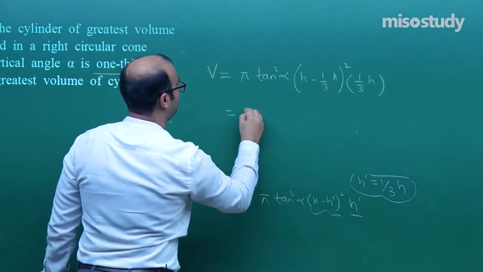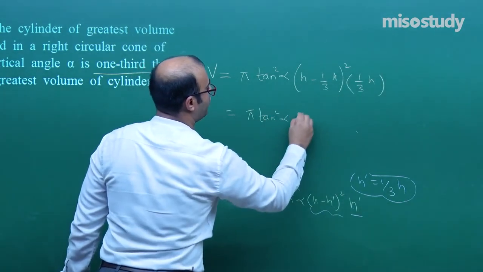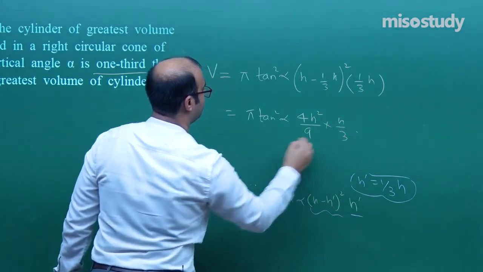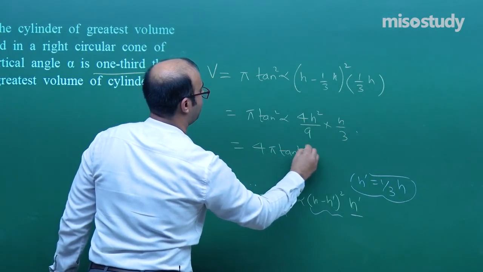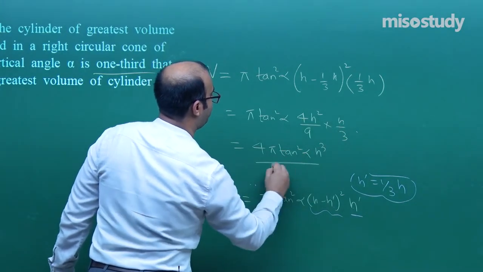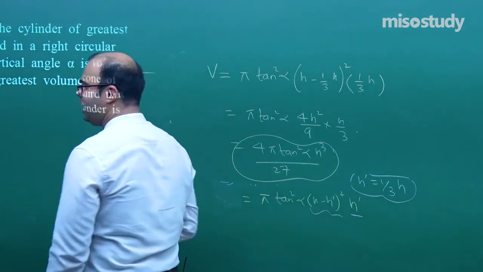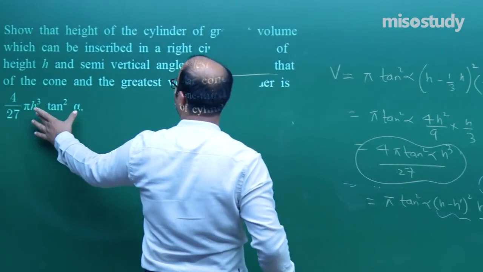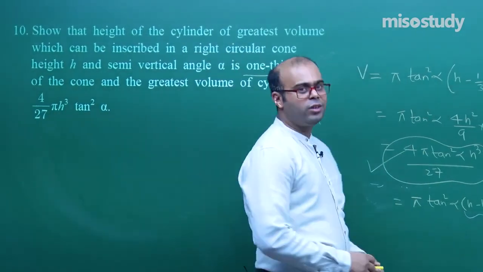We get pi tan square alpha, this will become 2h by 3. On squaring, 4h square by 9 into h by 3. This will become 4 pi tan square alpha h cube by 27. This is the maximum volume of the cylinder which can be inscribed in the cone. So the answer 4 by 27 pi h cube tan square alpha is correct. So this is all for this lecture, students.